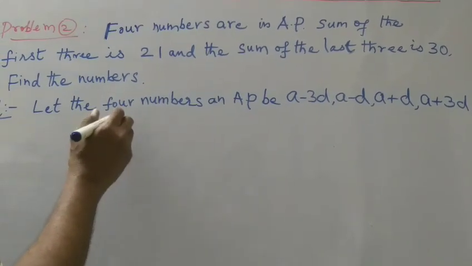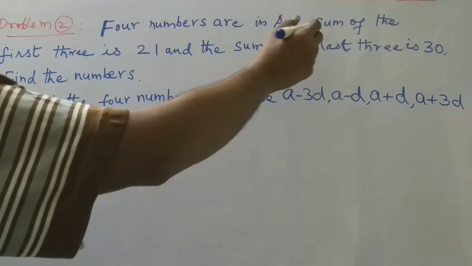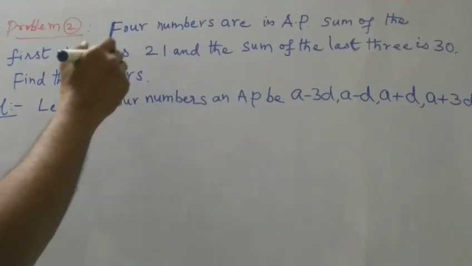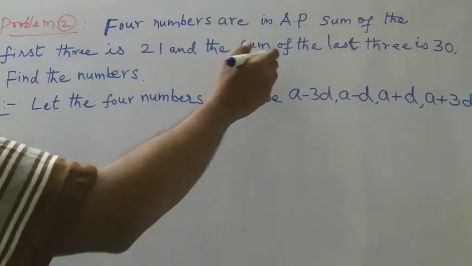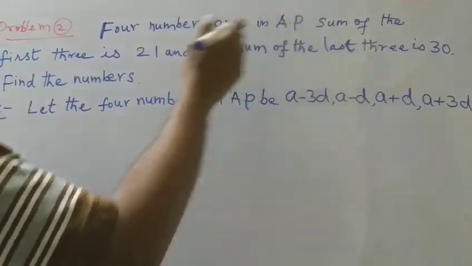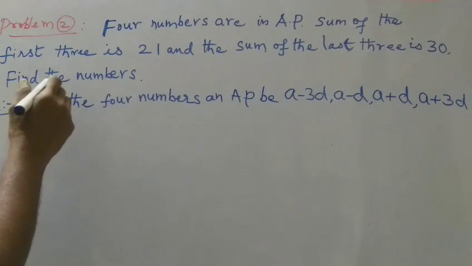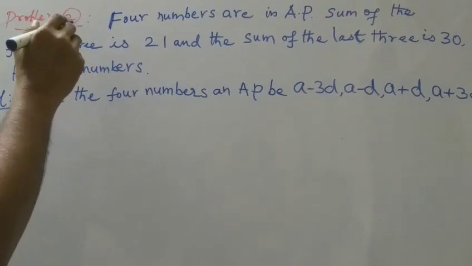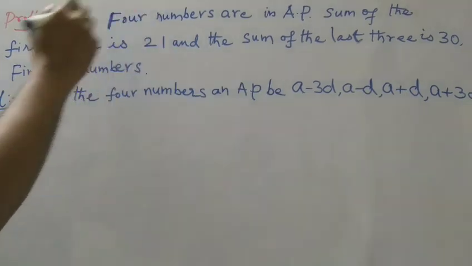In this we are given the sum of the first three terms is 21 and the sum of the last three terms is 30. Now we have to find the four numbers.